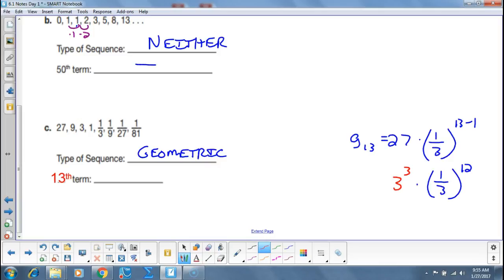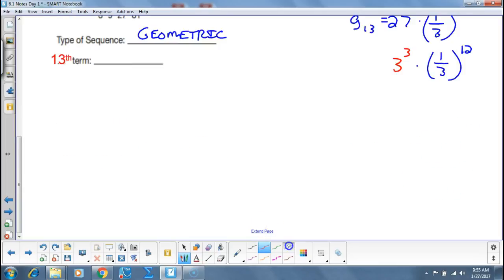So then this becomes, doing some wonderful world of math, 3 cubed times 1 over 3 to the 12th, using my exponent rules, this becomes 1 over 3 to the 9th, which if memory serves me correct, 3 to the 9th is 19,683. Okay? Hufflepuff, I didn't do that in my head, just so you know. I cheated.